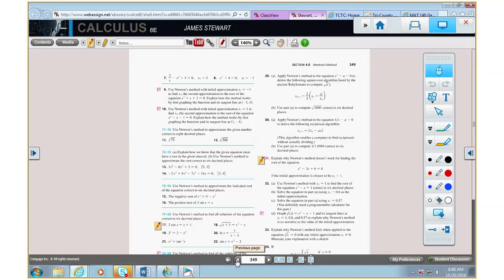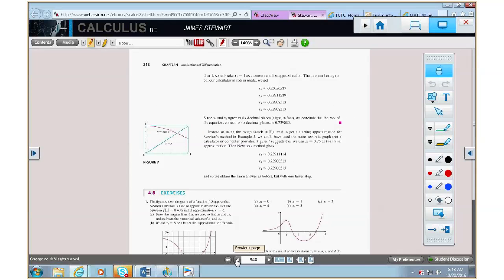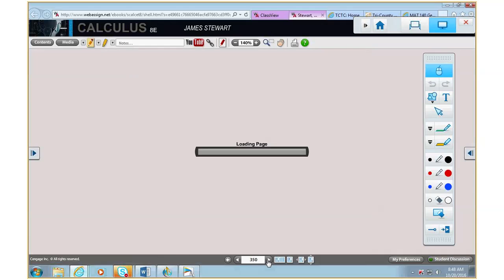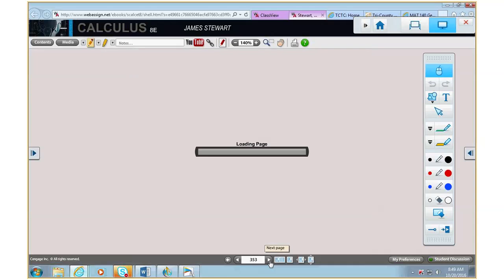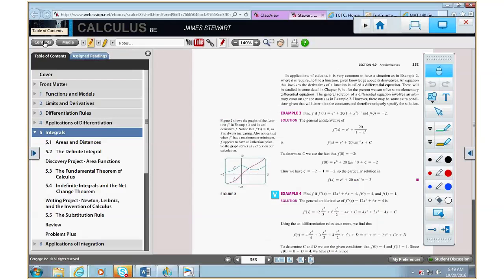And usually they put that in Riemann. I don't see it. Well, we'll get to it eventually. I'm not going to spend a lot of time on it anyway.